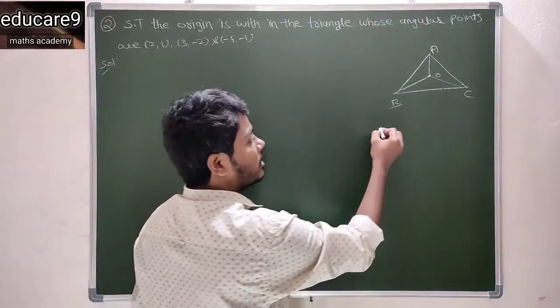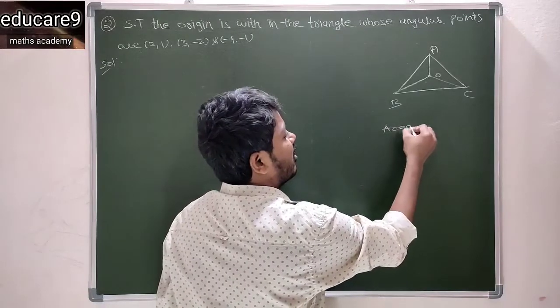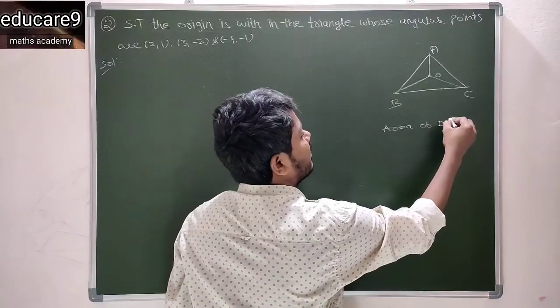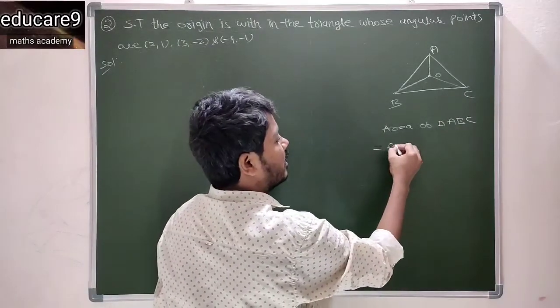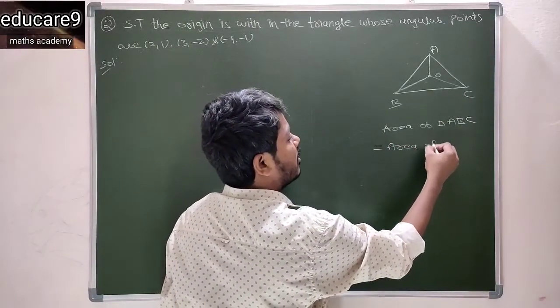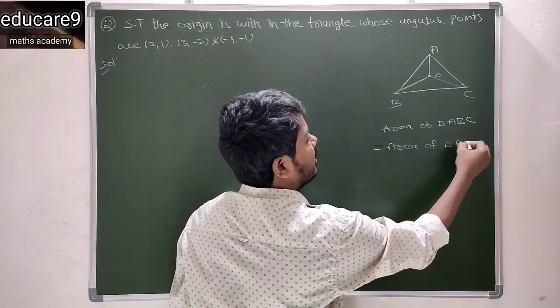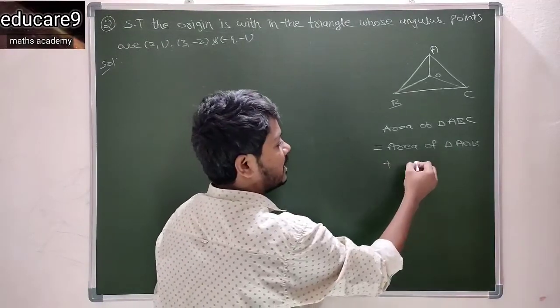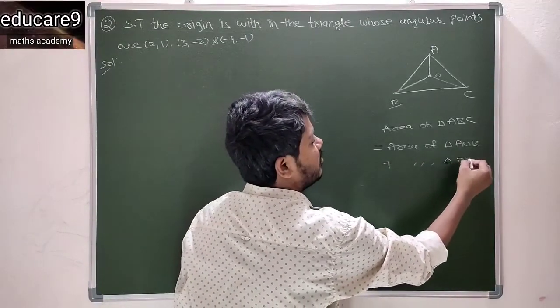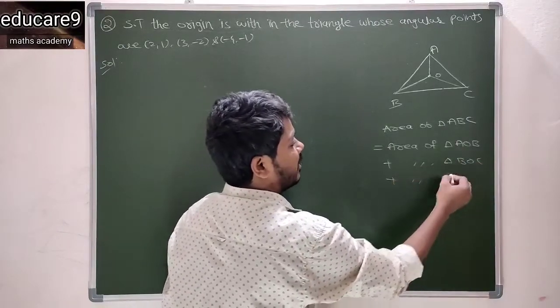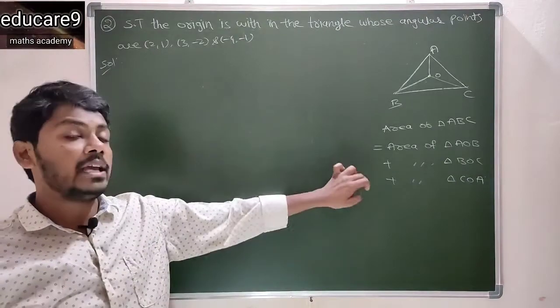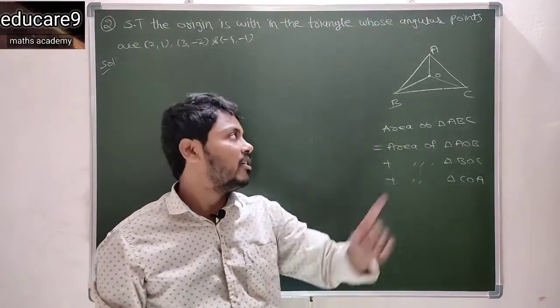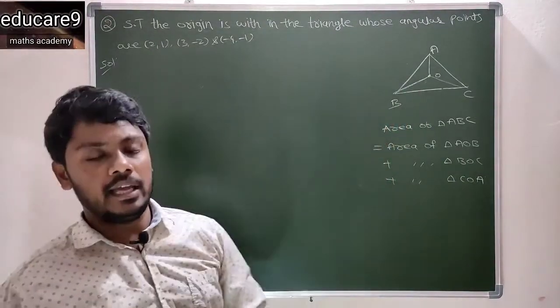So see here, area of triangle ABC is equal to area of triangle AOB plus area of triangle BOC plus area of triangle COA. If these two are equal, then we can say that origin lies within the triangle.